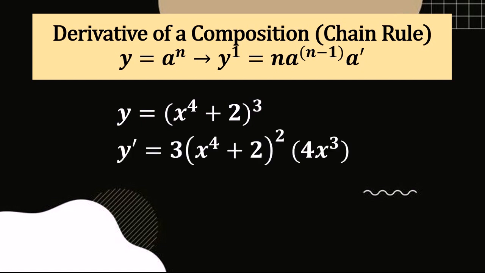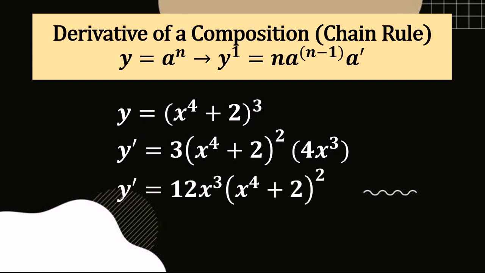It equals 3 times x raised to the power of 4 plus 2, raised to the power of 2, times the derivative of a, which is 4x cubed. Then simplify, so the derivative is equal to 12x cubed times the quantity of x raised to the power of 4 plus 2, raised to the power of 2.